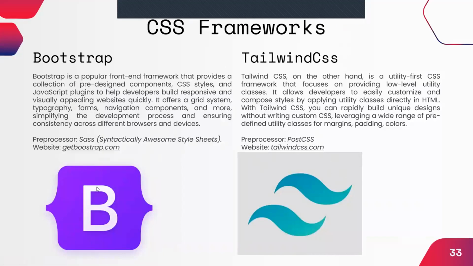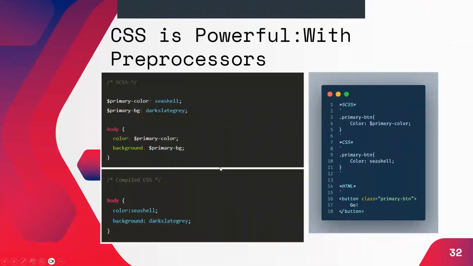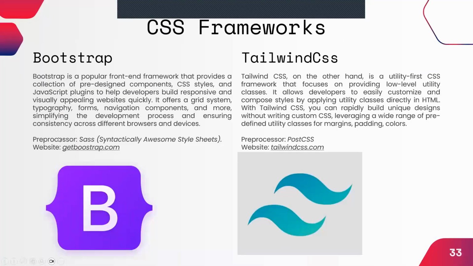This one is the OG, the older one, and Tailwind CSS is the new kid on the block. But these were actually made with preprocessors. This one was made with Sass, and this one was made with PostCSS, but it works the same way.